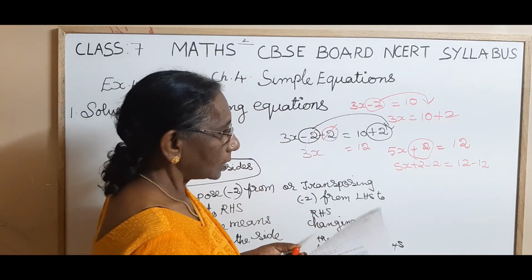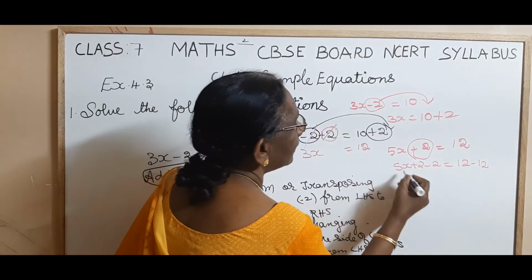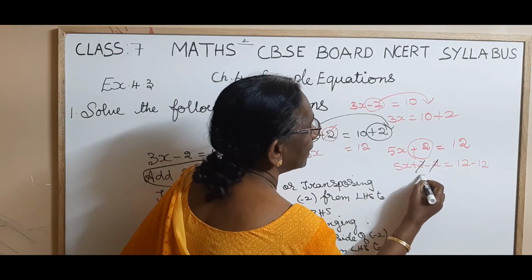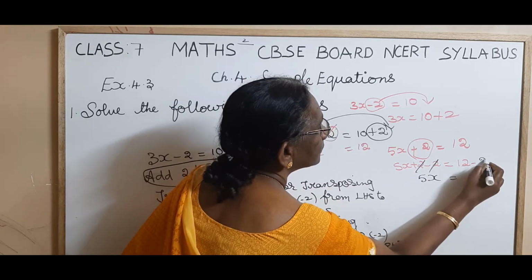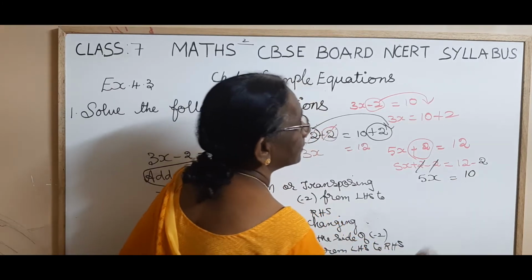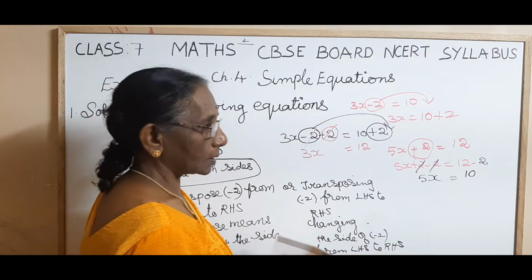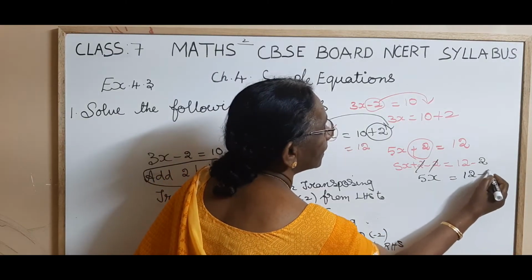Isn't it, children? So what will happen to the LHS? 2 and 2 get cancelled. You will have only 5x. This side is 12 minus 2, which is 10.